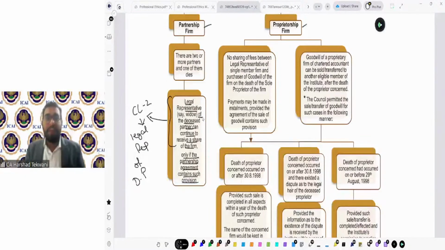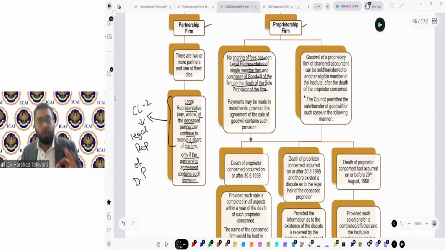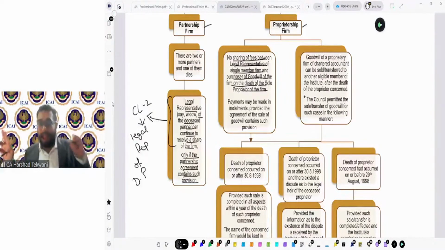In that case, there is no sharing of fees between the legal representative of the single member firm and the purchaser of the goodwill of the firm on death of the sole proprietor. So there will be no sharing of fees. No sharing of fees is allowed in case of a proprietorship firm. Payments can be made in installments in case of a sale of goodwill. So there are two things, sharing of fees and sale of goodwill, which are two different things.